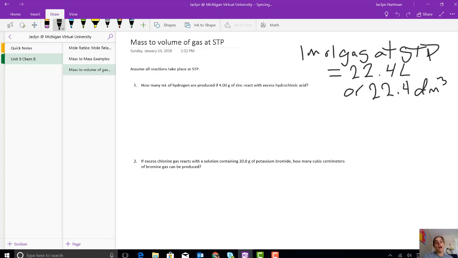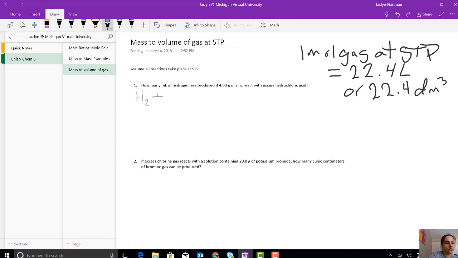The first is, how many milliliters of hydrogen are produced if 4 grams of zinc react with excess hydrochloric acid? So go back to your stoichiometry steps. The first thing that you have to do is write a balanced chemical equation. It's never going away. Just get used to it.